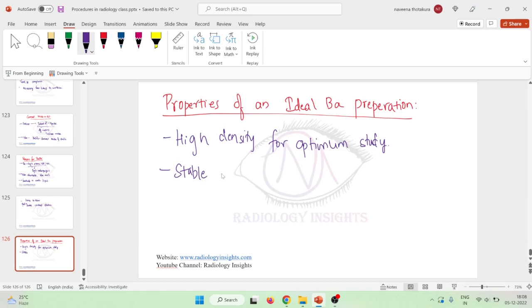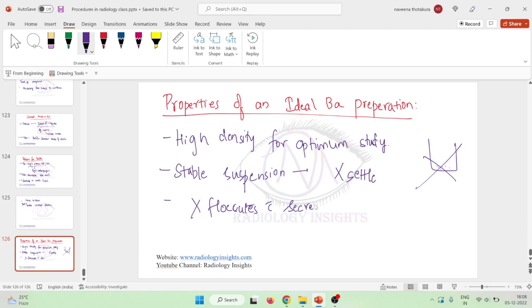Next, whether it is a stable suspension, because if it is not a stable suspension, it will settle down. But this barium sulfate should not settle down. If it is a stable suspension, it will not settle down, and then it is a good barium sulfate preparation. It should not form flocculation with secretions, because in our body we have different types of secretions.